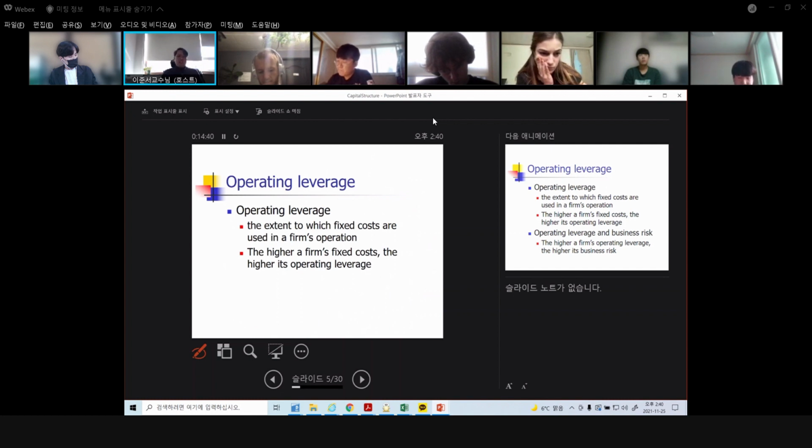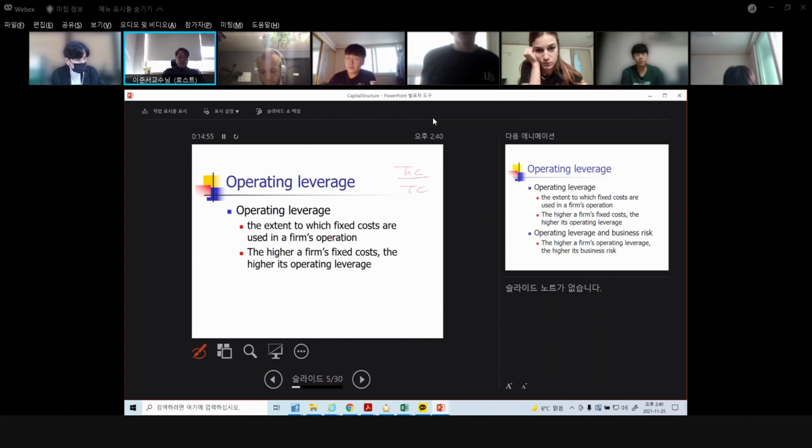Operating leverage is the extent to which fixed costs are used in a firm's operation. So the fixed cost divided by total cost. This is operating leverage. The higher a firm's fixed cost, the higher is operating leverage. Right?